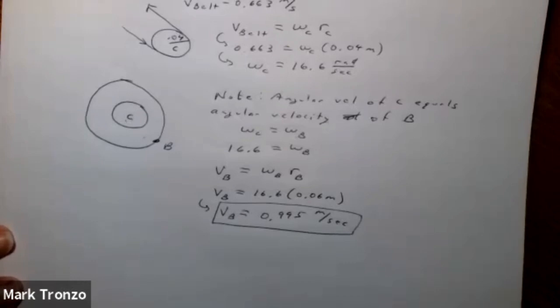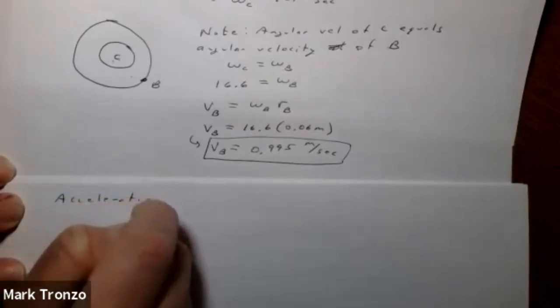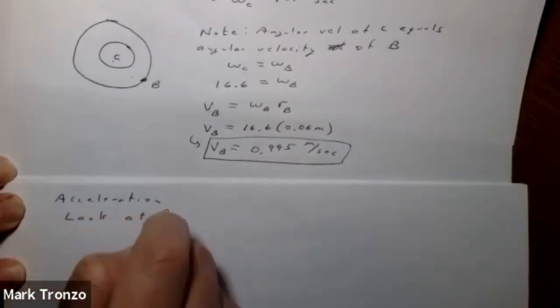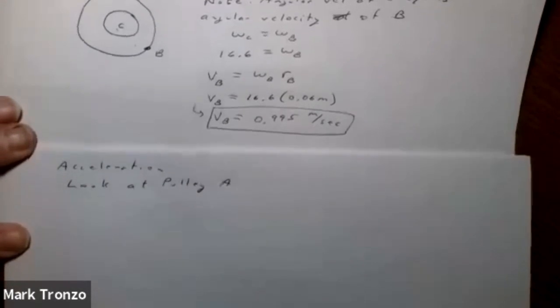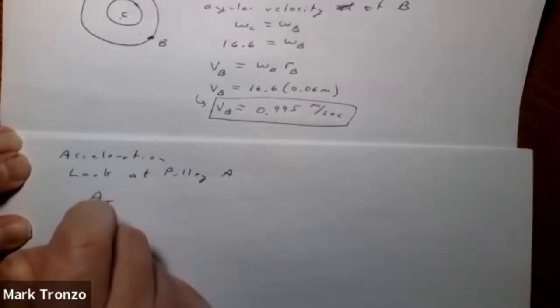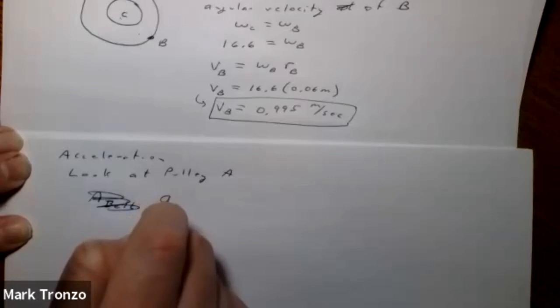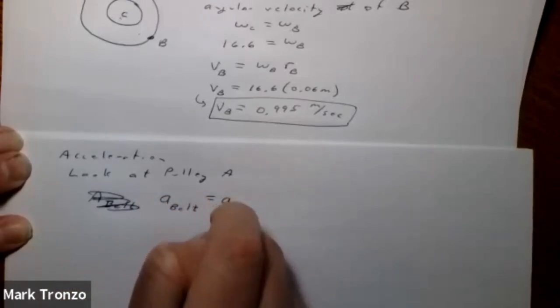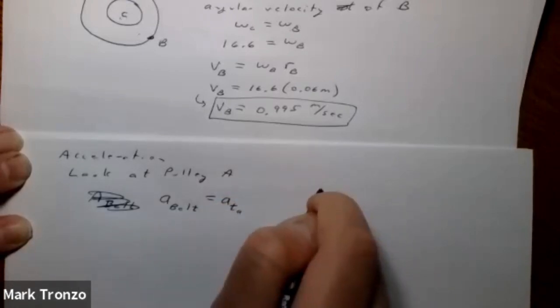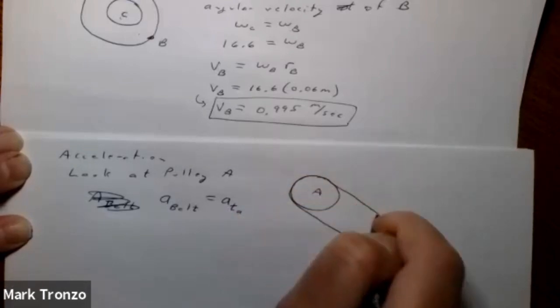Now we have to find the acceleration of B. And so we have to go back to A and look at acceleration. So look at pulley A. The acceleration of the belt is going to be equal to the tangential acceleration of A. Because if you think of the picture we have, we have A up here, and this belt is moving around like this.